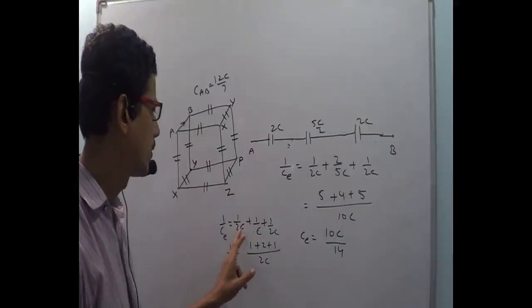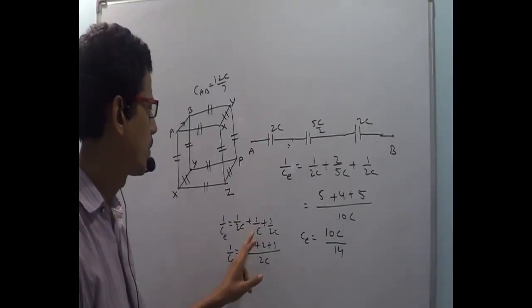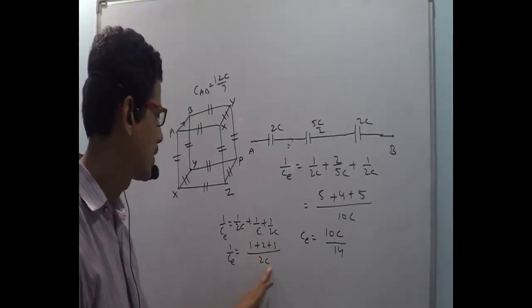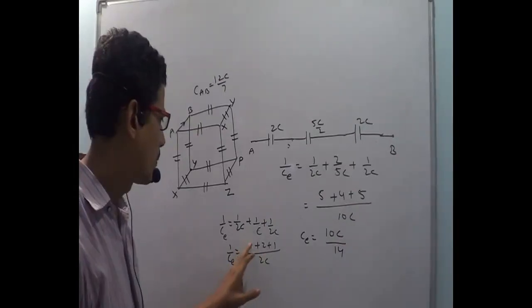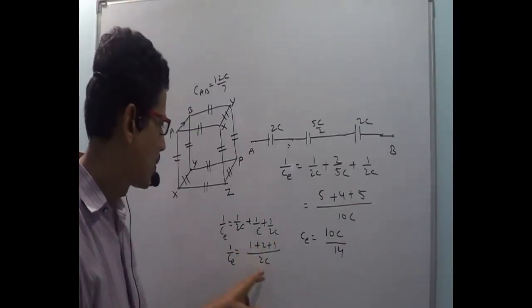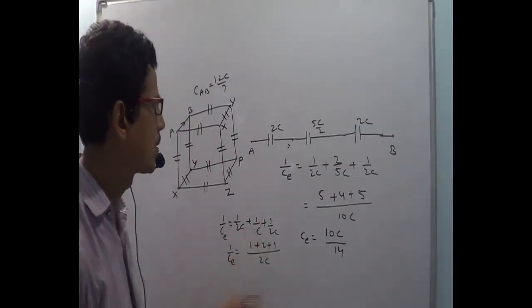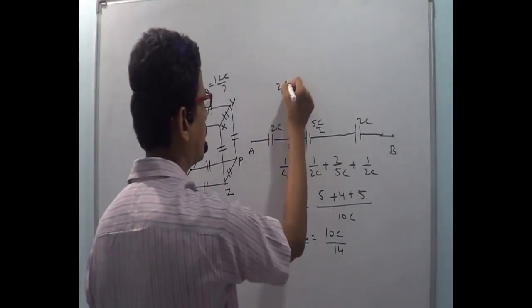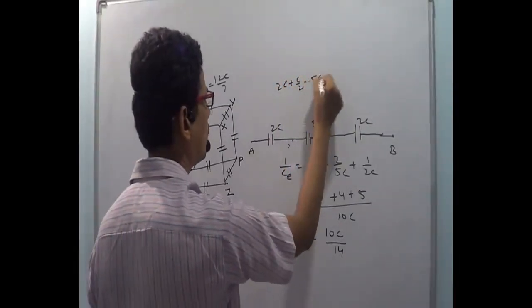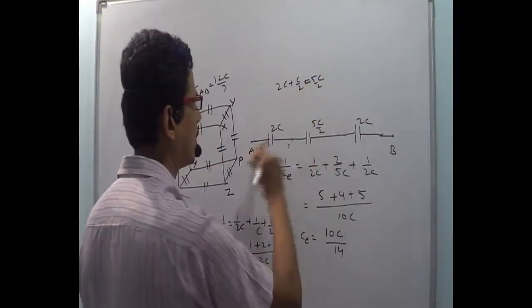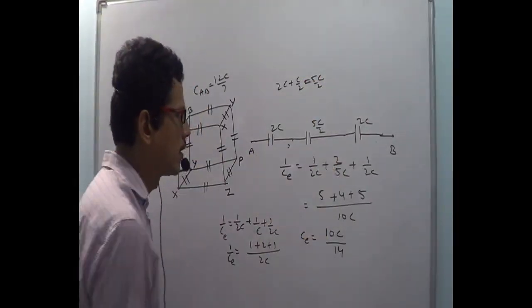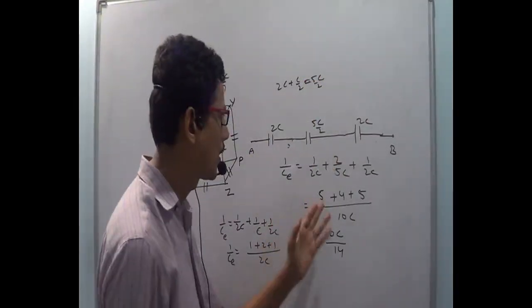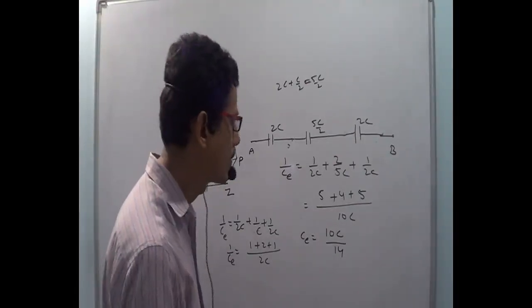5C by 2. 1 by 2C plus 1 by C plus 1 by 2C, the LCM is 2C, and 1 plus 2 plus 1, C by 2 came. C by 2 plus 2C is how much? 2C plus C by 2 is 5C by 2. Okay, and these three are in series. Series means you have to do it like this. 10C is the LCM.